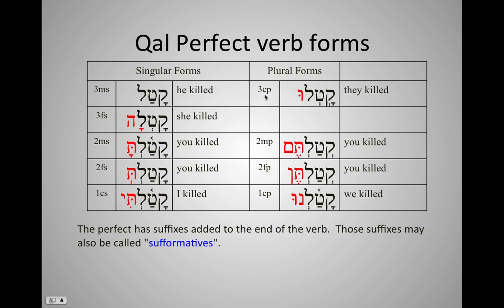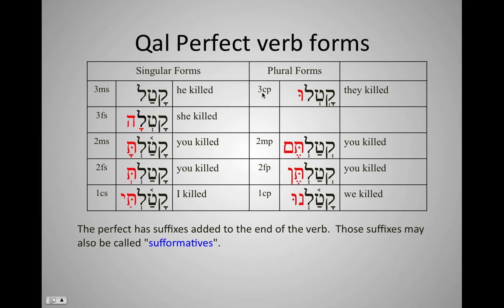Let's look at the plural forms, and then we'll give an overview of what we intend to do with this chart. The plural verb forms mean that the subject is plural. So the left-hand column has all our singular subjects, and in this right-hand column we turn to our plural verb subjects.